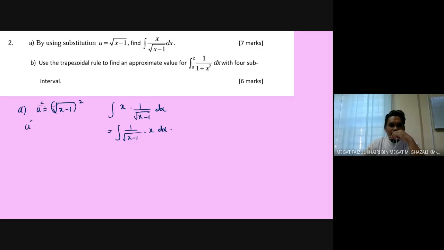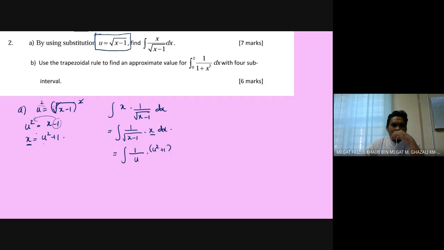So then it gives you u squared equals x minus 1, and then making x the subject, bring the minus 1 to the other side, it becomes positive, so x equals u squared plus 1.